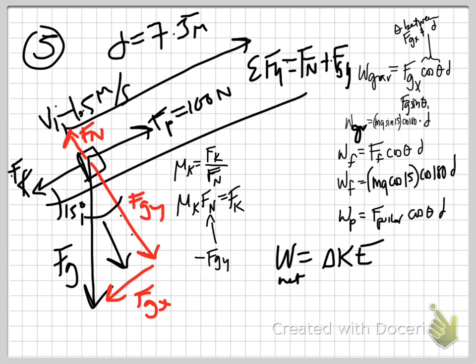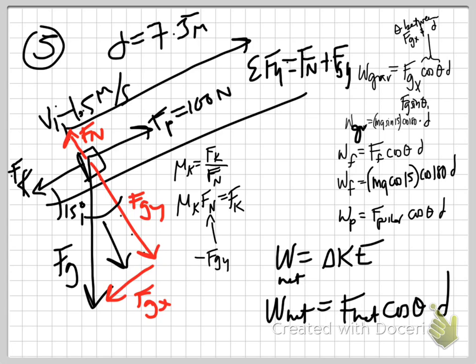So really, what are we looking for when we look for the change in kinetic energy? We're looking for the net work done on the crate. How would you find that? Sum of forces. Because the net work is equal to the net force, again, cosine theta, times the distance. Now, what's theta between the net force and the direction it's moving? 0. Because that's the direction it's accelerating, up the ramp.